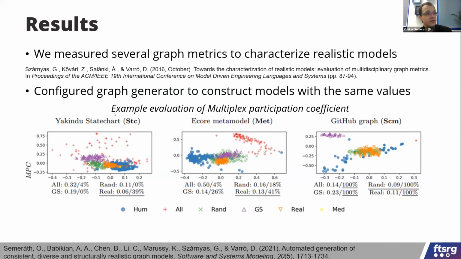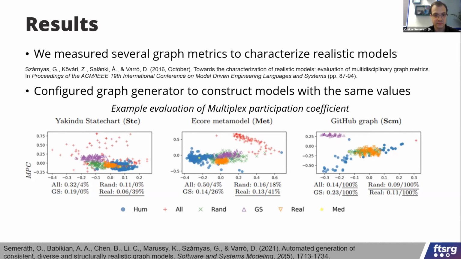In this example, we used the multiplex participation coefficient. This is just an illustration of our measurement. This is a very complex diagram, and I don't really want to explain every detail, but the goal was to generate the orange cloud of dots close to the yellow one.